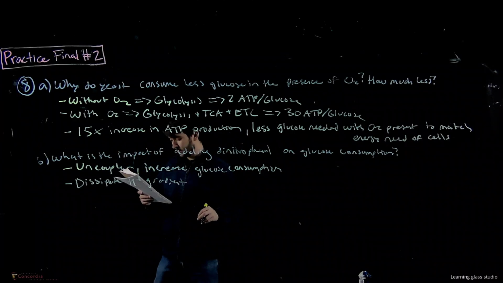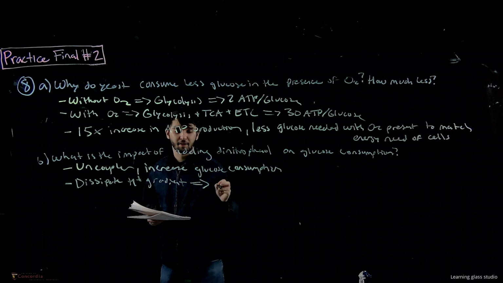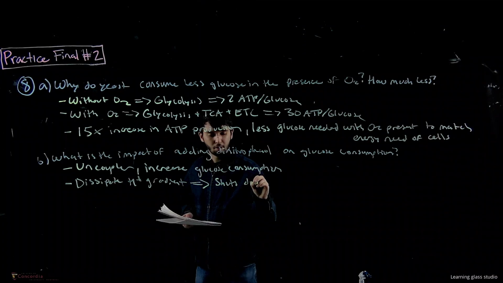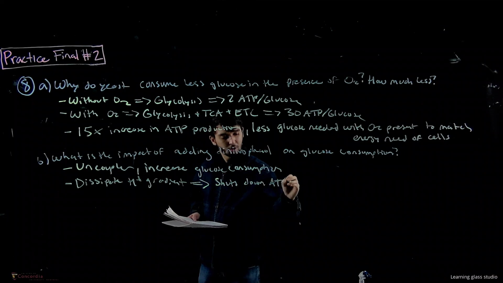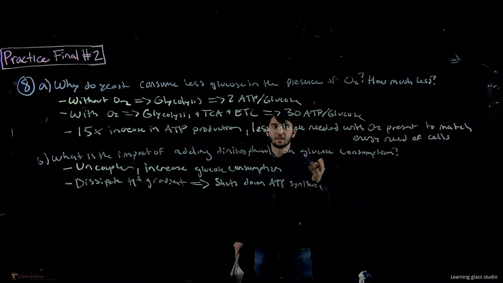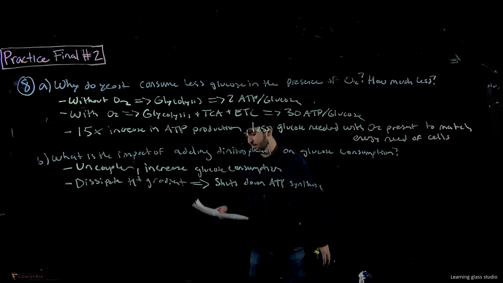So this will shut down ATP synthase. Why is ATP synthase stopped? It's because ATP synthase needs that H+ gradient to make ATP. Without the H+ gradient, ATP synthase cannot make ATP.